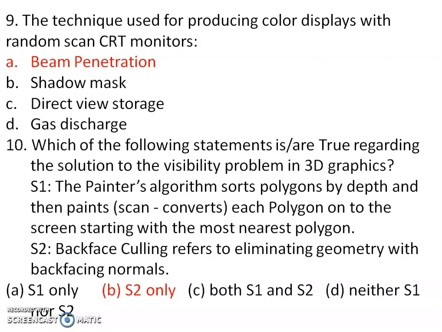Here the second statement is correct, second only correct, S2 only. So option B is correct. In the painter's algorithm we start from the background, that is, from the farthest point to the nearest point. So the first statement is wrong.